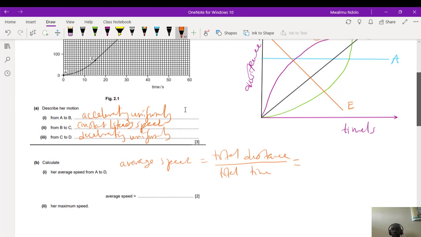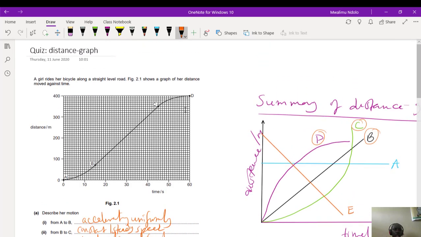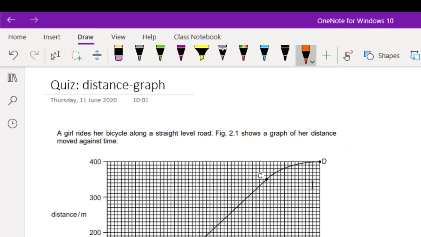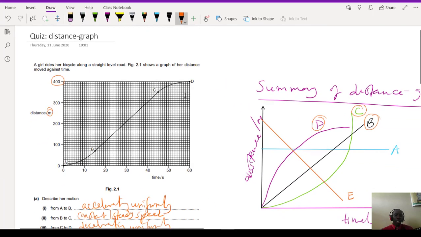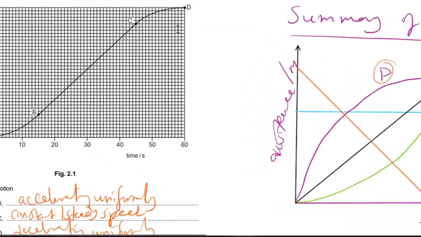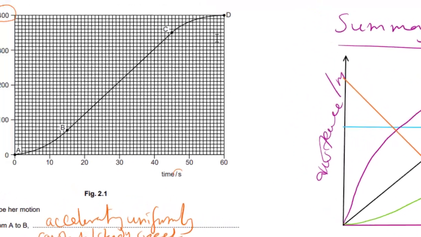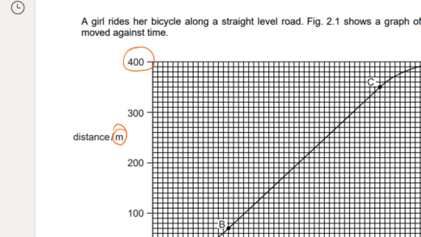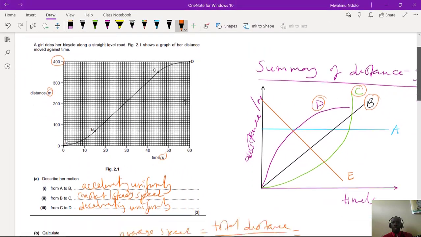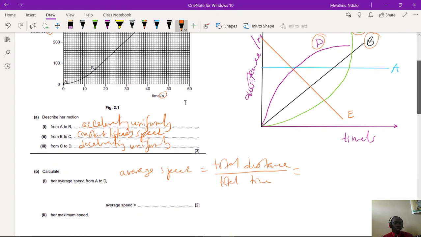Between A and D, you can see the distance was 400 meters, which was covered within 60 seconds. The unit for time is here, the unit for distance is here. So we have 400 meters divided by 60 seconds.